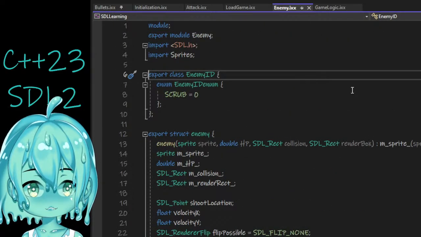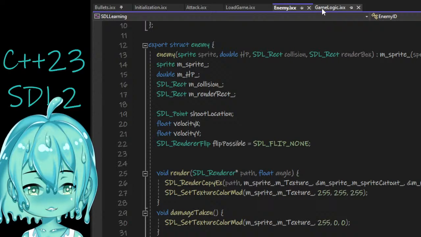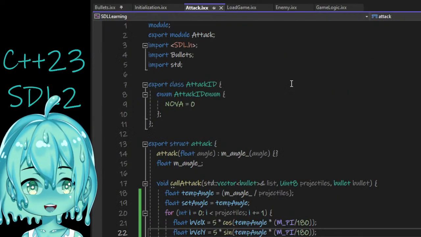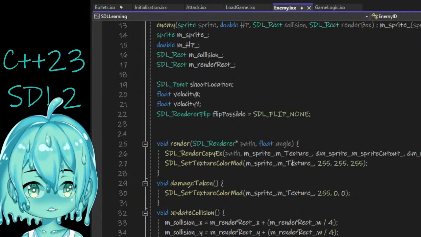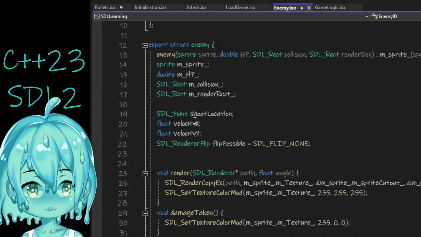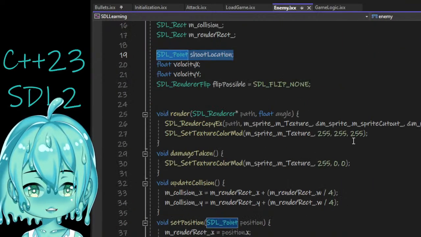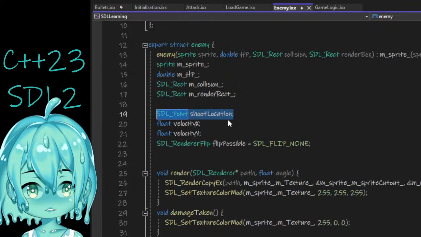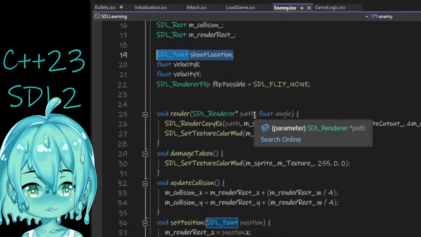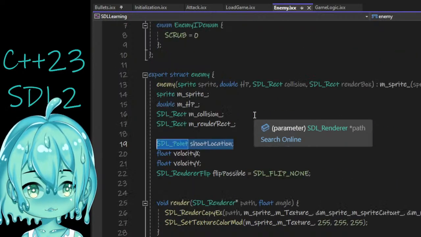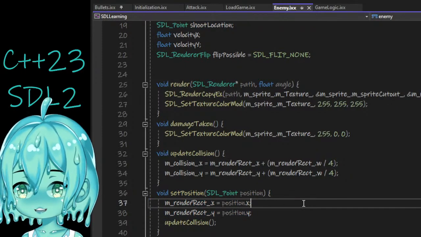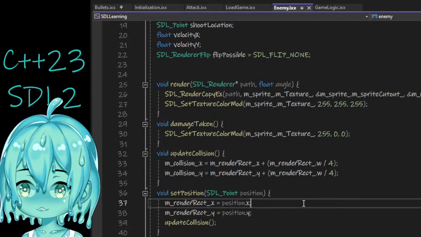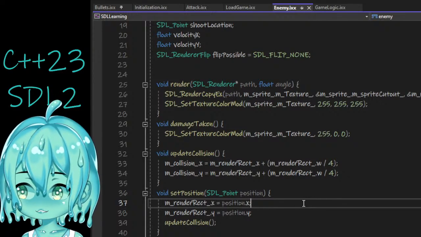Attack can import enemies and then use SDL point shoot location, which will handle all that stuff. We might have to convert these to floats too, to be fair. But yeah, it seems like all along it was just floating point rectangle errors.